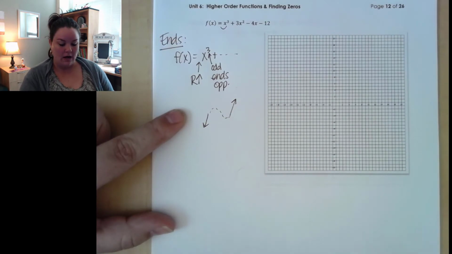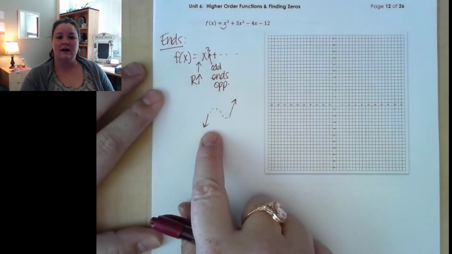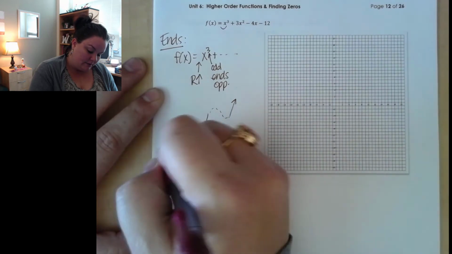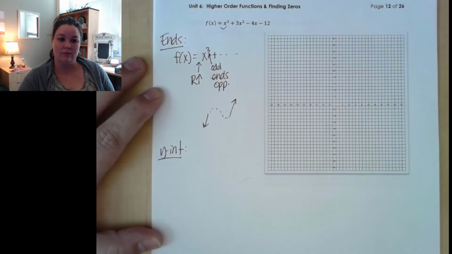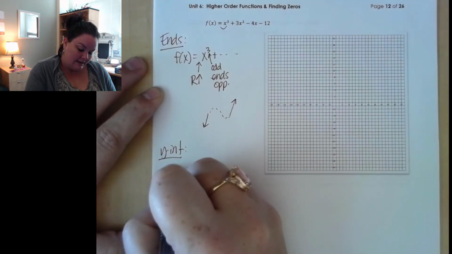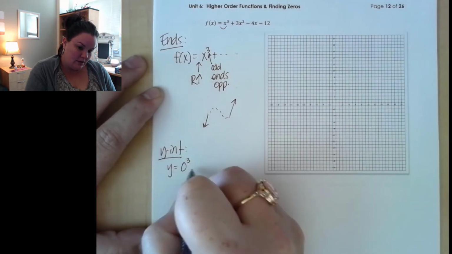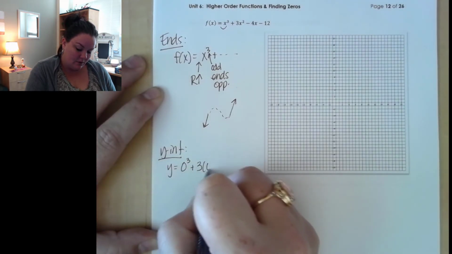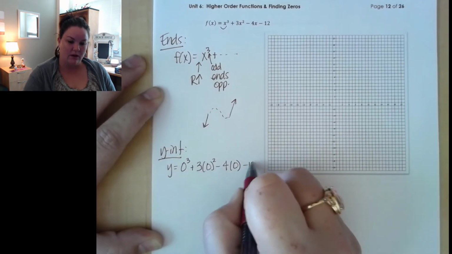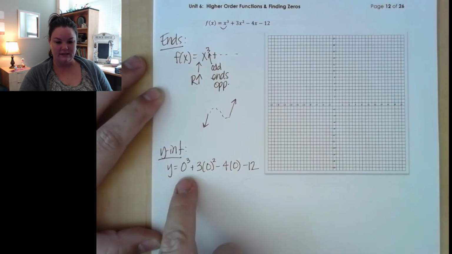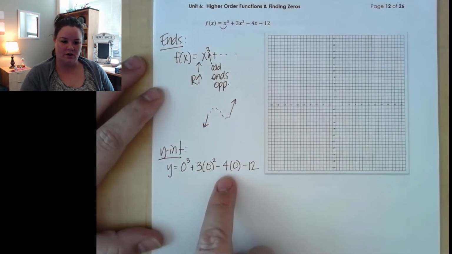Okay, all right, so now we need to find our y-intercept. So to find our y-intercept, remember we're just going to set x equal to 0. So I'll get y is equal to 0 cubed plus 3 times 0 squared minus 4 times 0 minus 12. And when I multiply in all these little zeros, all those terms are going to go away, right?